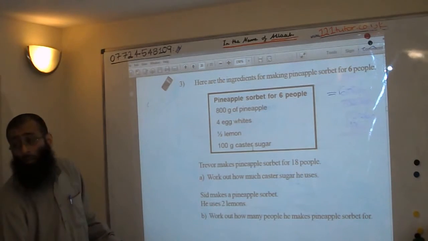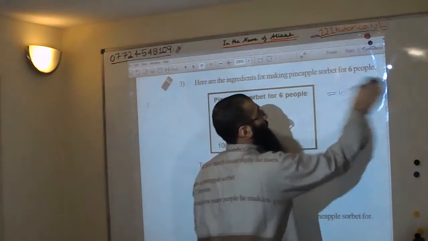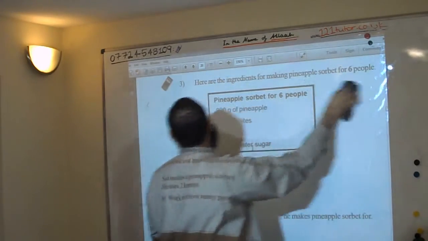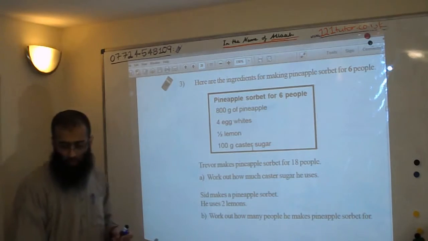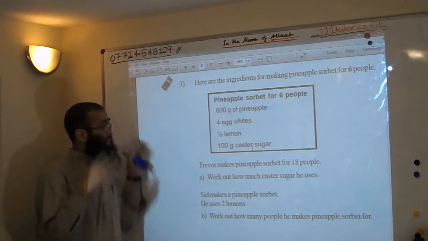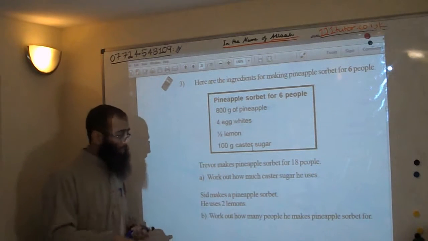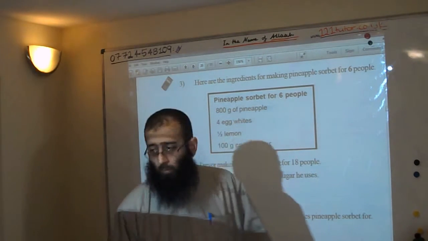Number 3? Okay folks, for those of you following us on YouTube, here's the question for you to try. And in a few moments when you try the question, press pause. And then after you've done the question, press play and I'll give you the answers.